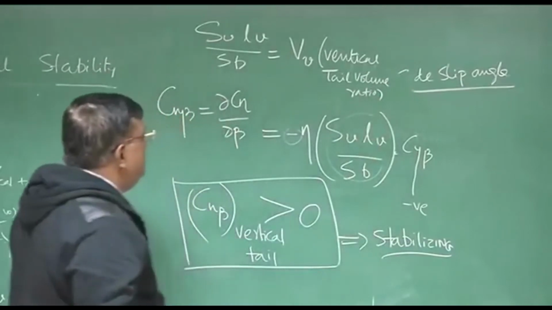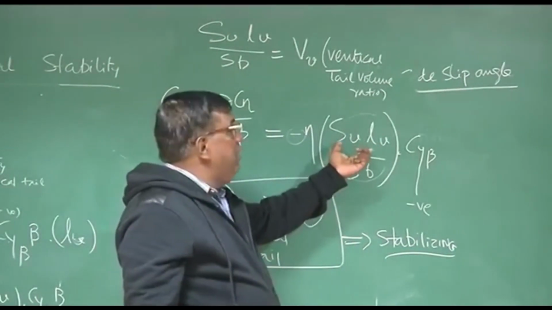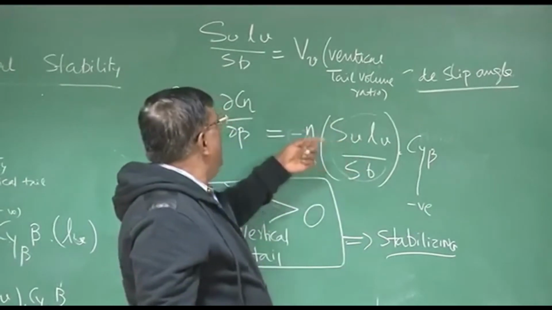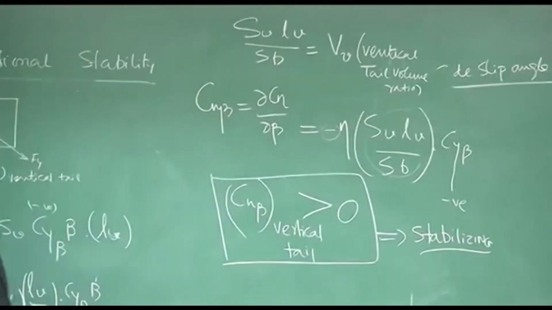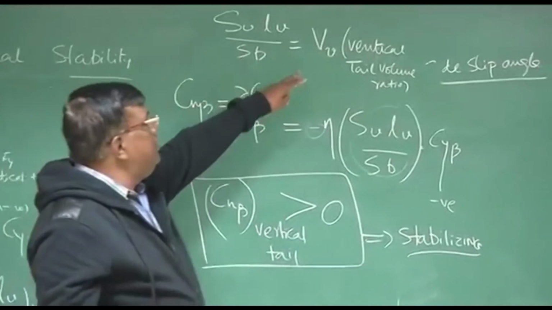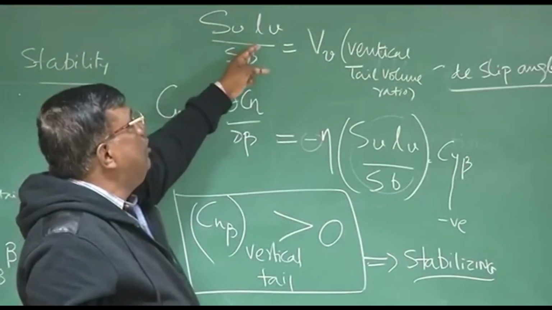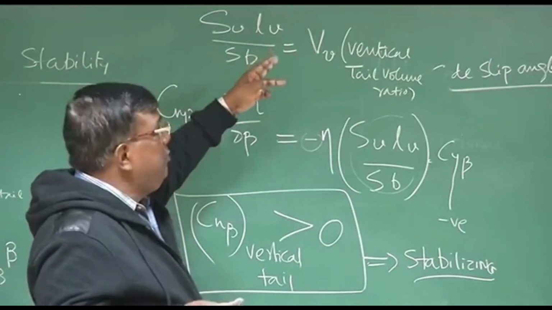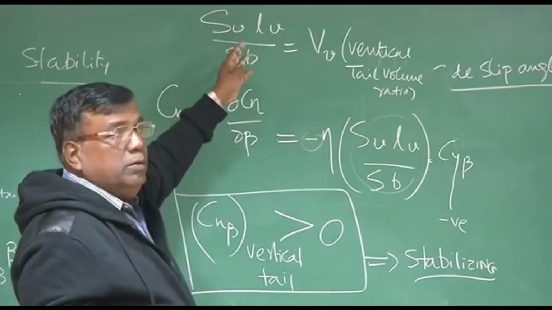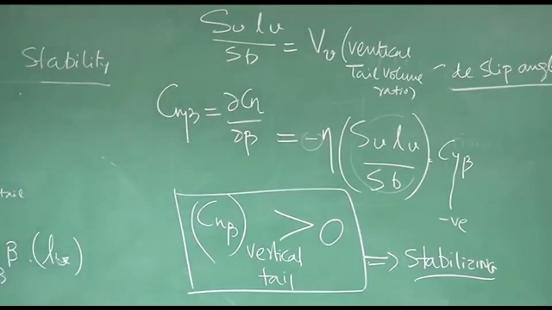You could see that this VV, this whole expression is so important. If I increase the value of VV, I can increase the contribution of vertical tail towards directional static stability. What is the meaning of increasing this expression or this value? That you have to either increase the vertical tail size or increase the length of its placement from the CG, or do both. So, this is another very important design parameter when you are designing an aircraft.